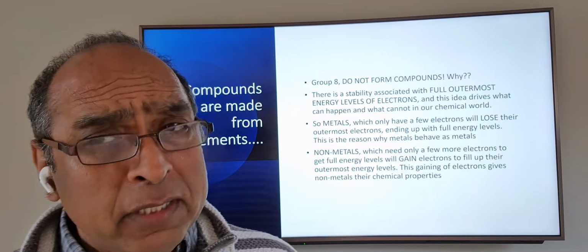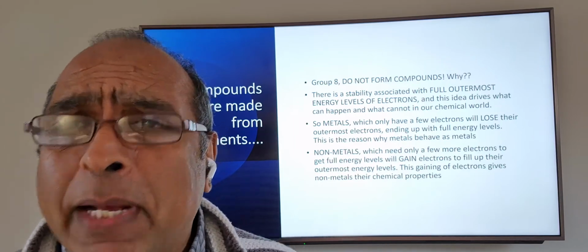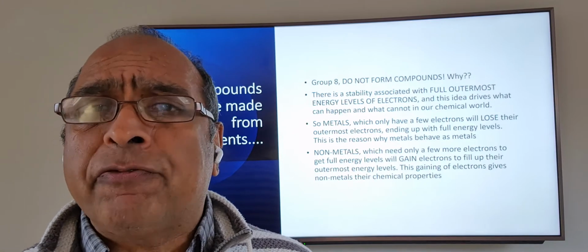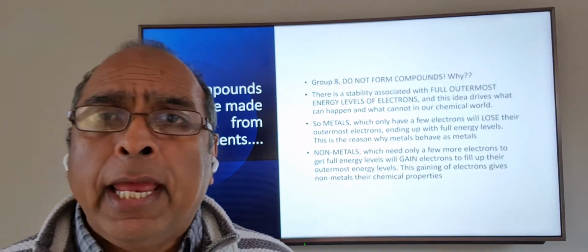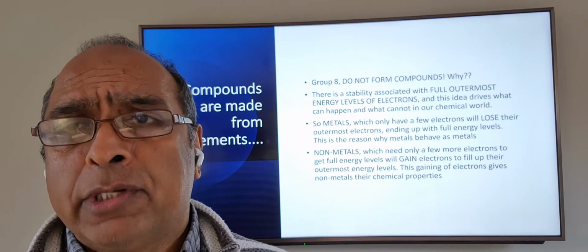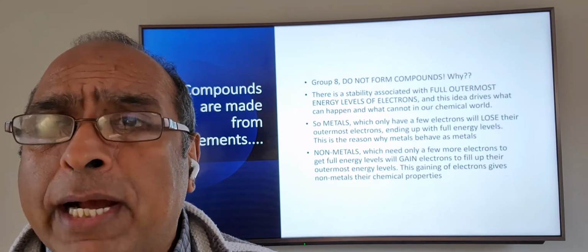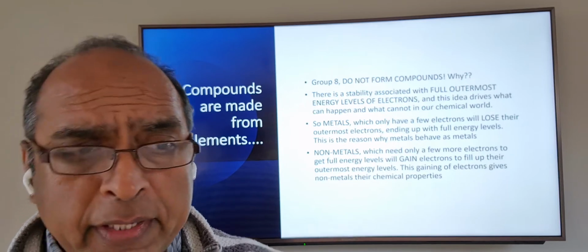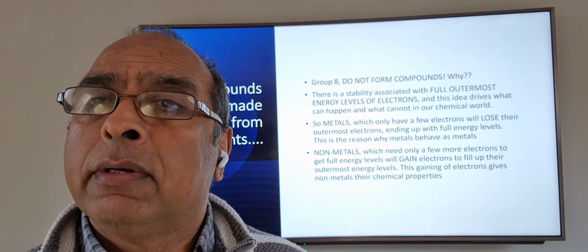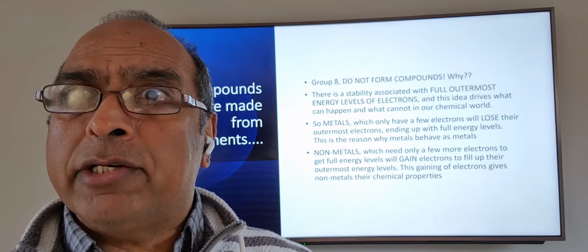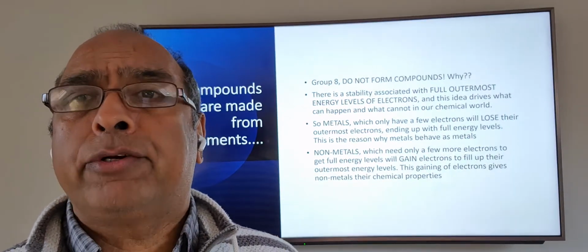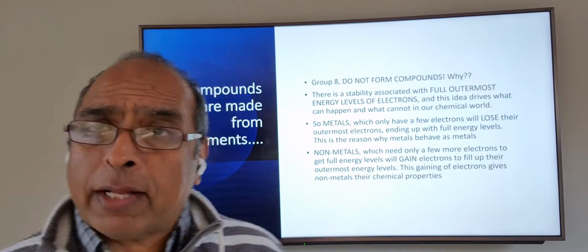But there's an easier way. For metals, the easiest way for them to end up with full outermost energy levels is for them to lose their outermost electrons. If they lose the outermost electrons, then there's a complete energy level of electrons underneath. And then that will be their outermost energy level. So metals lose electrons, and they end up with full outermost energy levels.